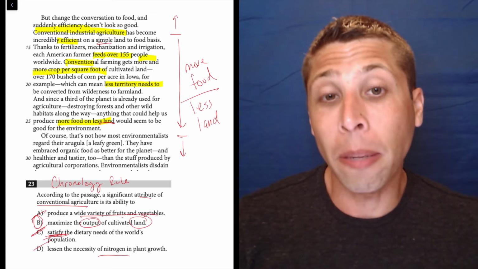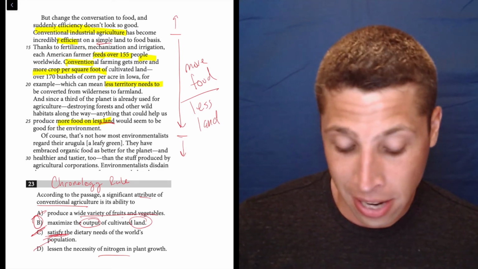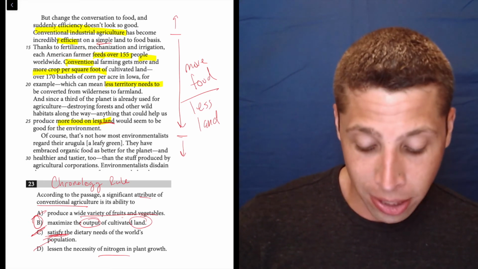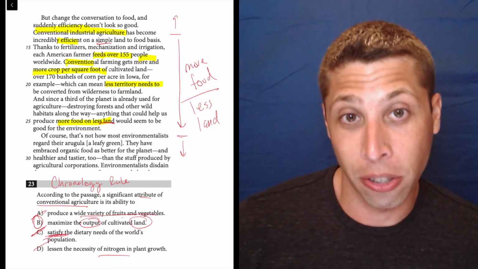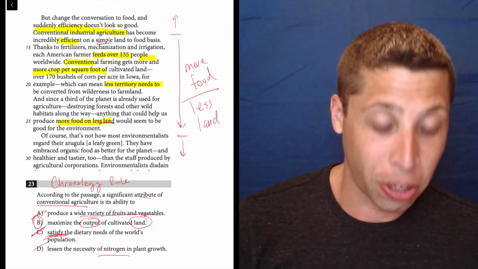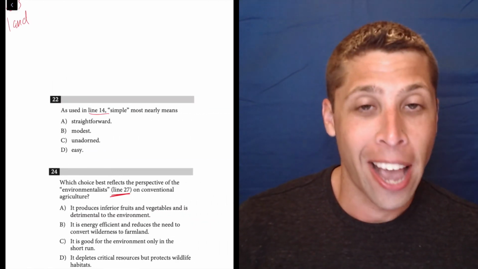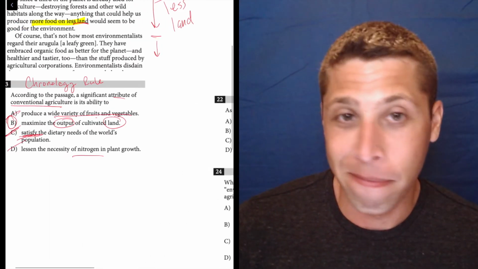What we're really making sure is that the idea is consistent, not necessarily the words. But yeah, this did not require us to read the entire passage. It really just required maybe 10 or 15 lines, which we can get by using the chronology rule and being aware of the surrounding questions and at least using them to start looking for the answer. And most of the time, that's all you'll need.